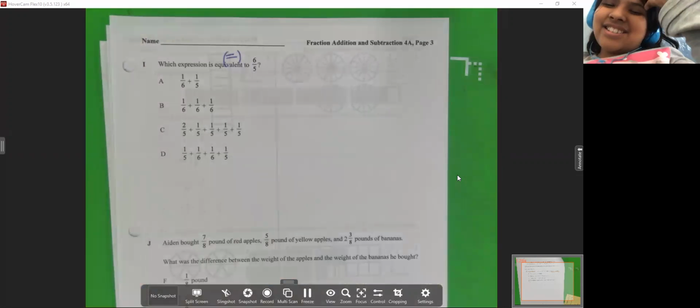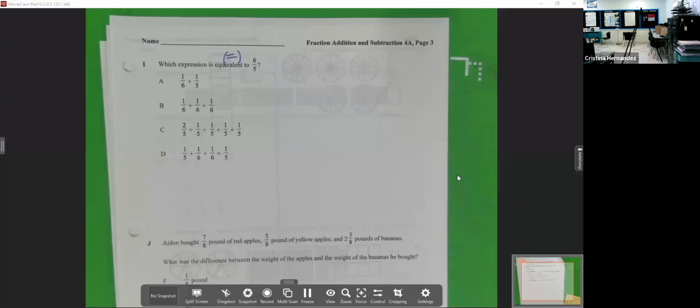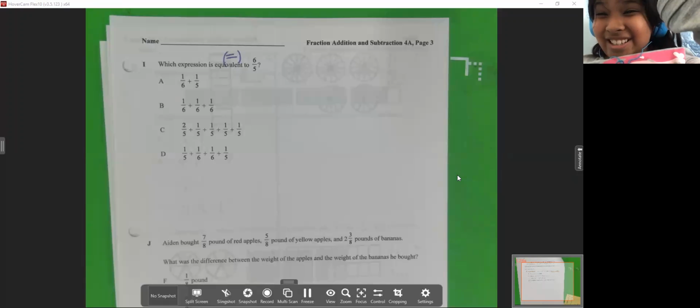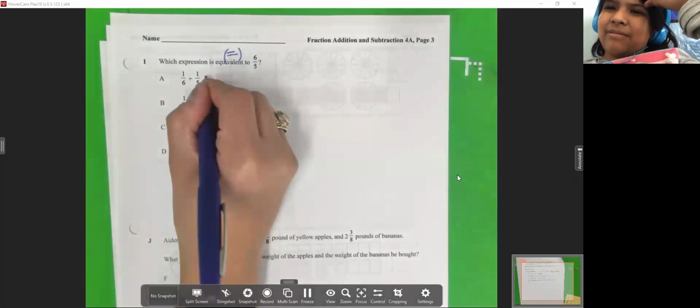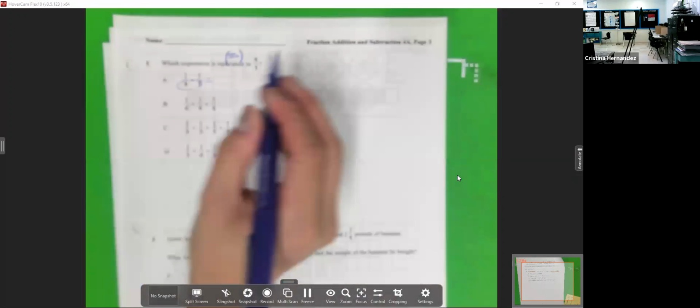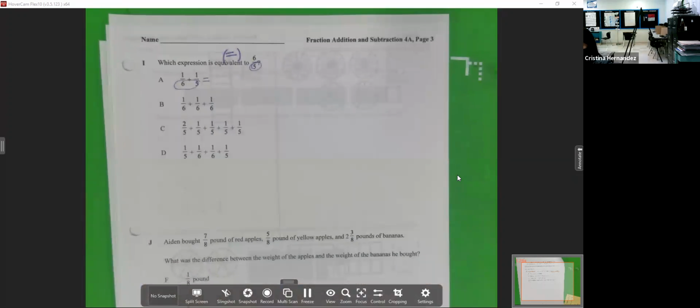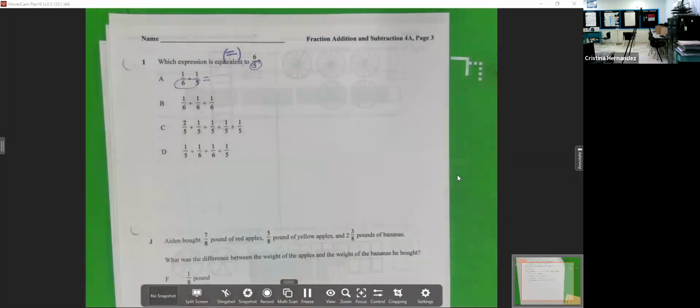I think it's C. Why do you think it's C? Because the denominator is right. And if you look at A and D, they have the wrong denominators. Yes, the denominator given to us in this problem should be the denominator of our answers.